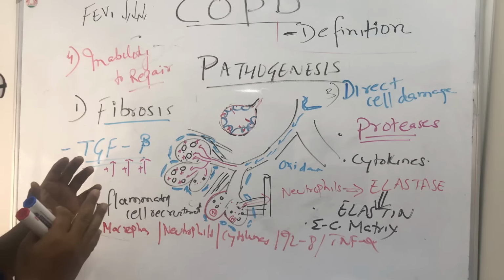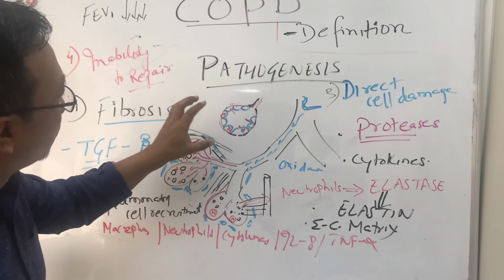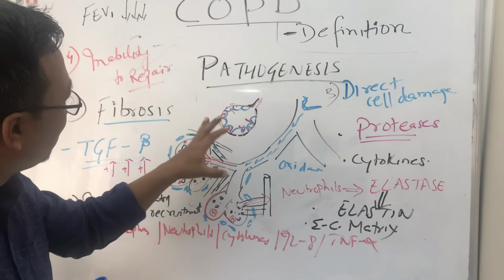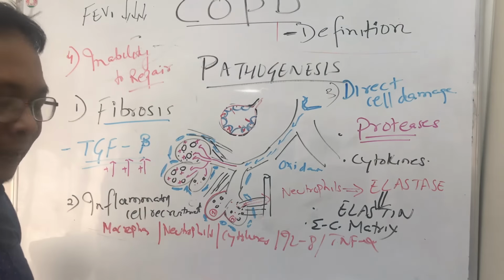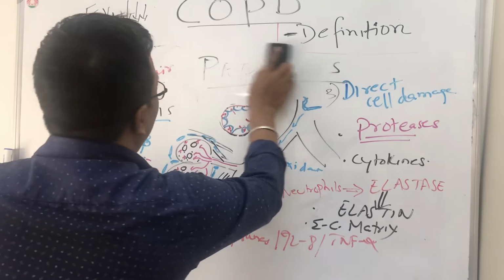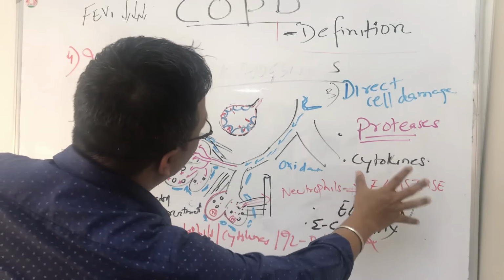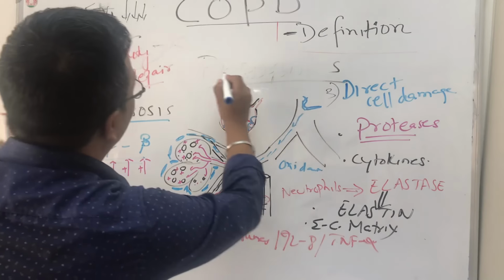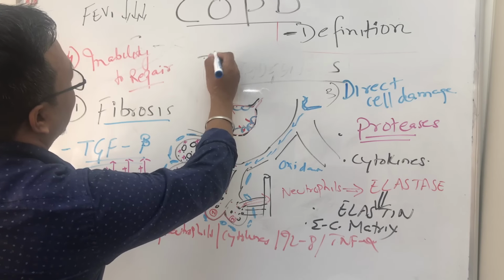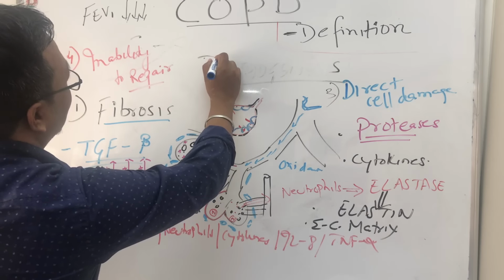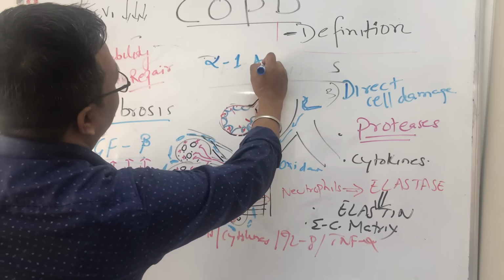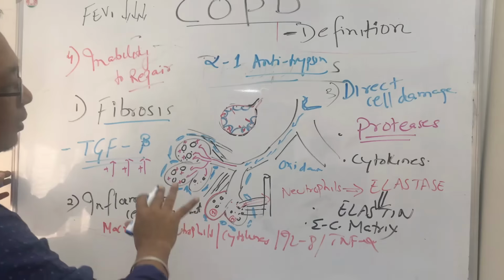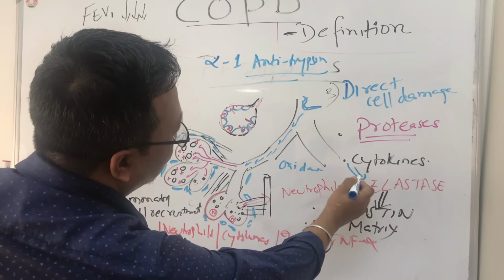Okay, so we know that there is a balance here of elastase and anti-elastase factor. So when there is lots of elastase here, we have a balance. It is being neutralized by anti-elastase factor, that is alpha 1 antitrypsin, which always inhibits.